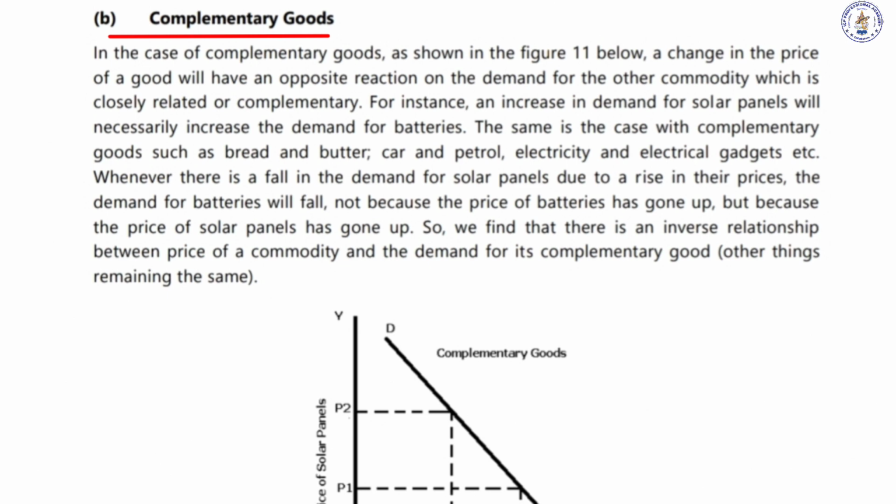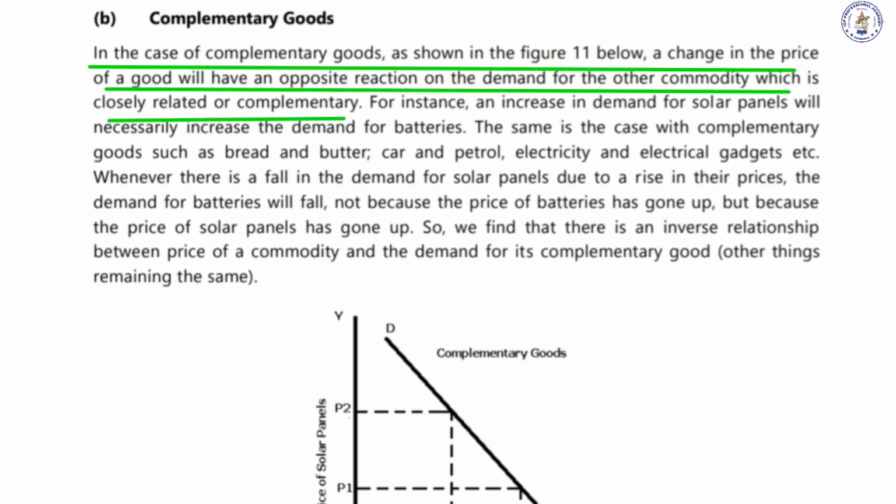We have already explained that the two products go along with one another. So the price of one may reduce or increase the demand of the other, because they both are purchased together. In the case of complementary goods, the change in price of a good will have an opposite reaction on the demand of the related or complementary product.